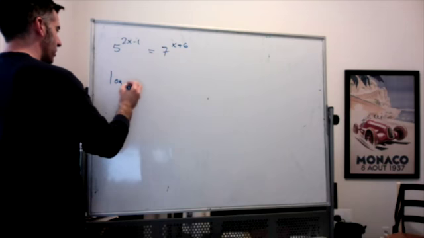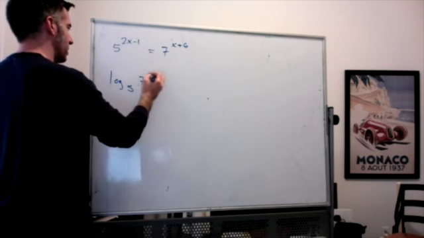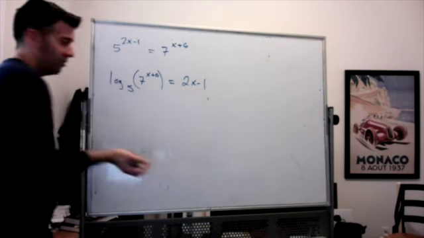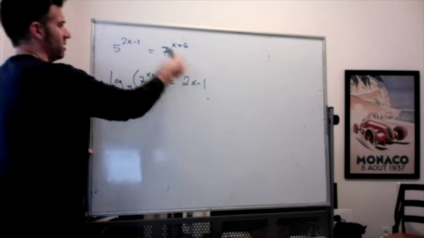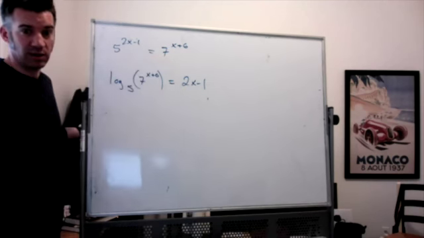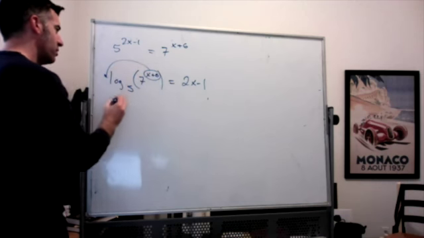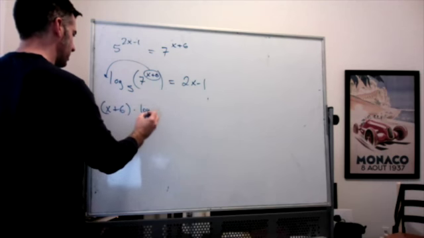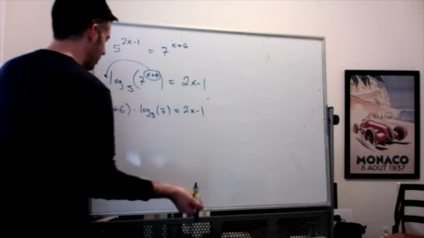5 to what power equals 7 to the x plus 6? Well, it's the 2x minus 1 power. You could rewrite it like this, where it's 5 to this power equals this stuff. Oh yeah, that's the same equation. And then you could bring this out in front. So x plus 6 times log base 5 of 7 equals 2x minus 1.